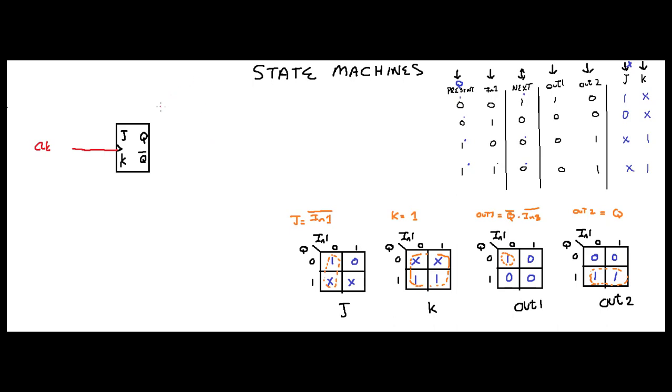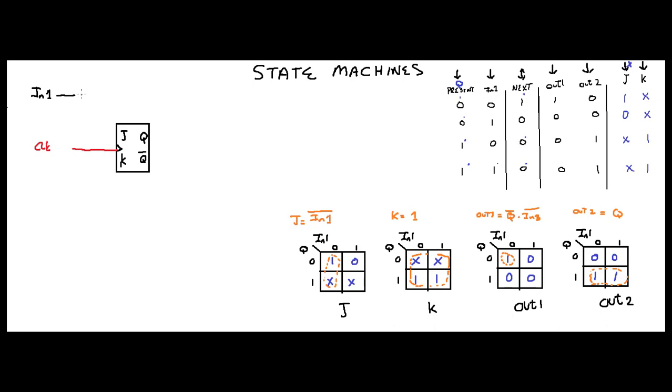Now, what is your J equal to? We're going to have one input, in 1, and we have two outputs. So your in 1, whatever it is, bring it in.